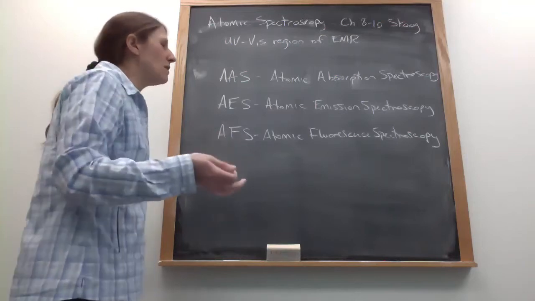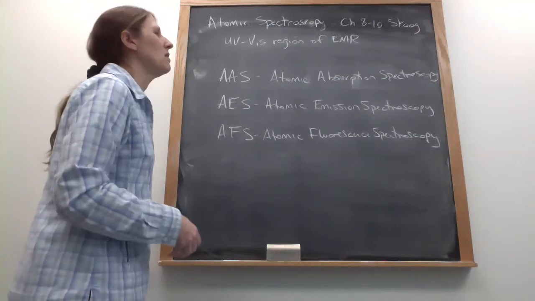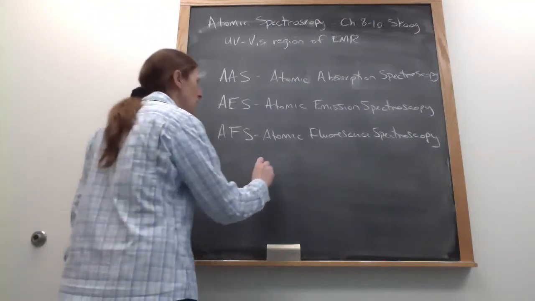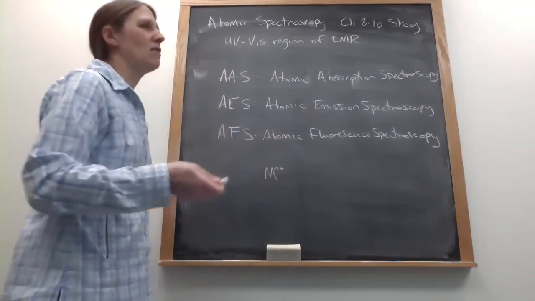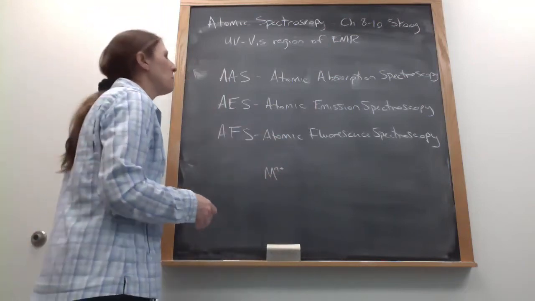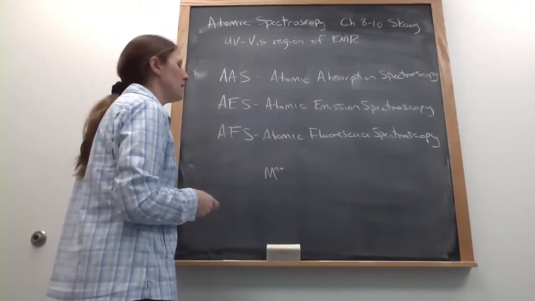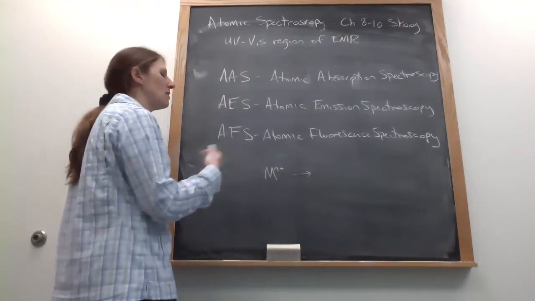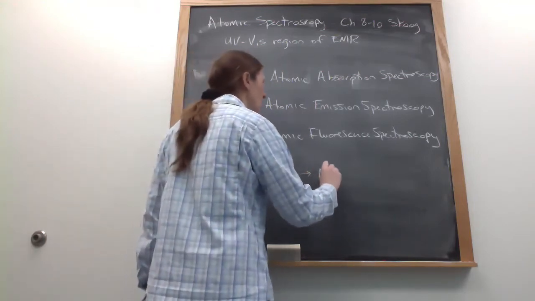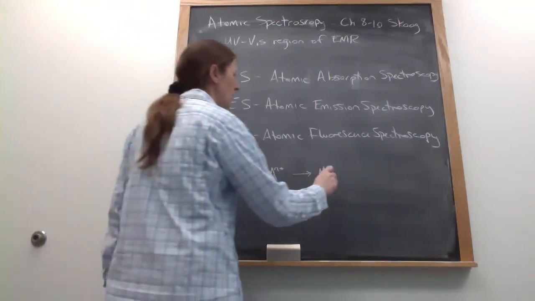One of the difficulties is that since this deals with transition metals in particular for quantitation, most transition metals in nature are found in the ionic form, in the form of salts. And so one of the major problems associated with atomic spectroscopy is the atomization process, converting ions to neutral metal atoms in the zero oxidation state.